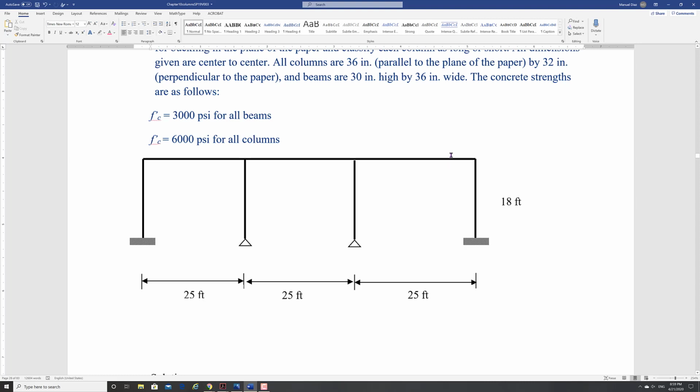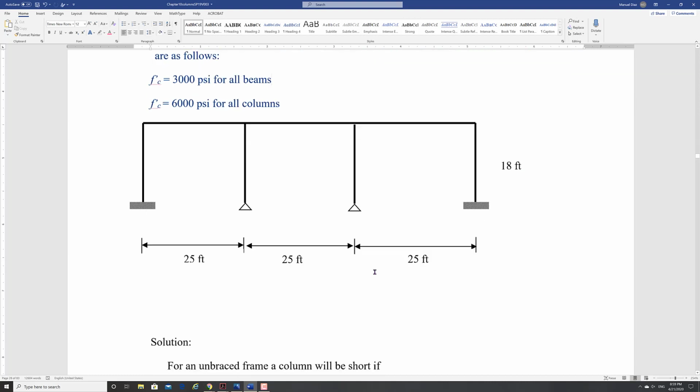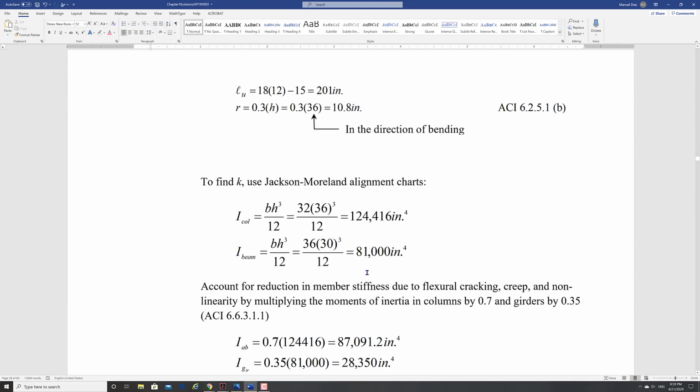So if this is center to center, that means I have 15 inches below this center line. So I need to subtract those 15 inches from this 18 feet to get a clear value. So 18 times 12, 216 inches. I subtract the 15 inches, and that gives me my clear value.